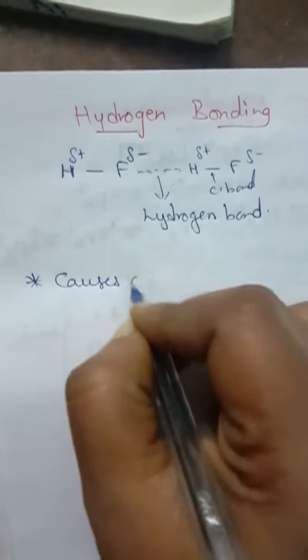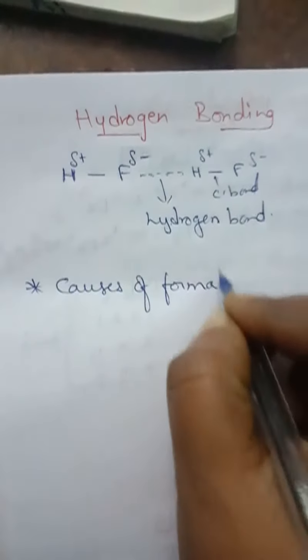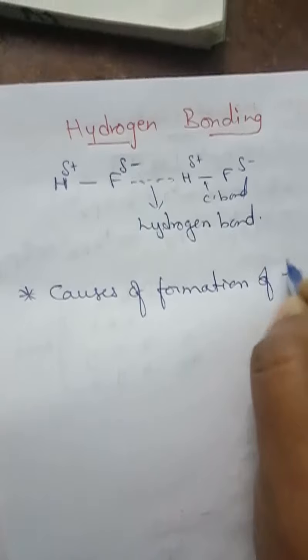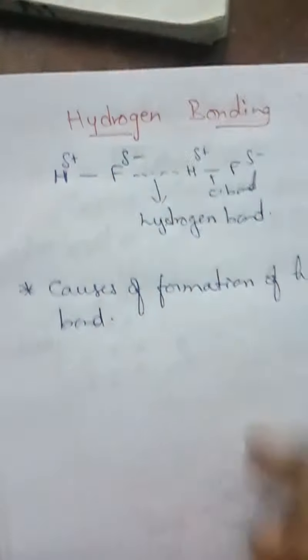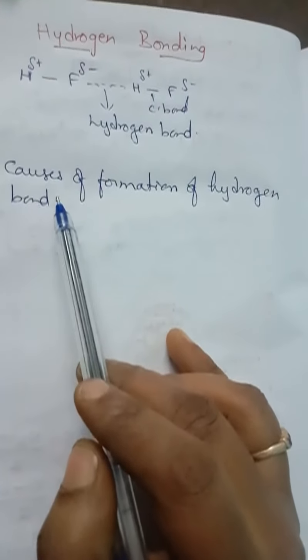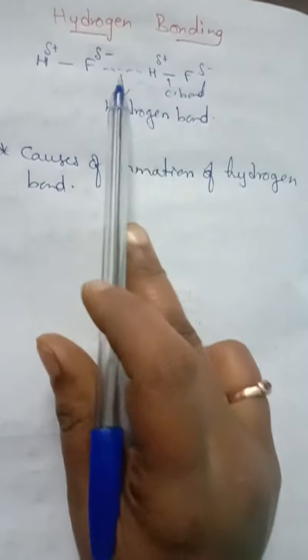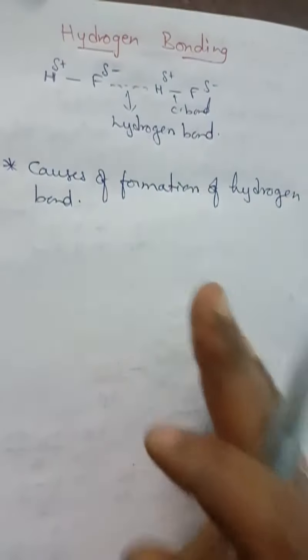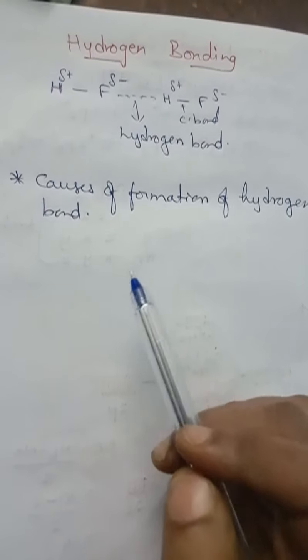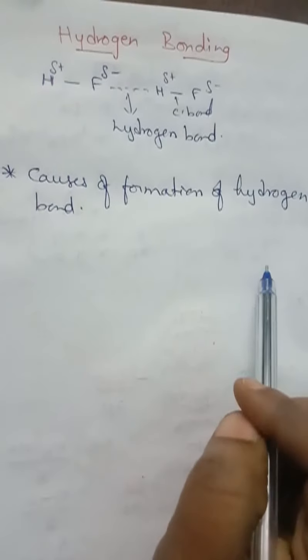Now we are going to see the causes of formation of hydrogen bond. So how is a hydrogen bond formed? Already I explained, when hydrogen is bonded to a strongly electronegative element X, the electron pair shared between the two atoms moves far away from the hydrogen atom.